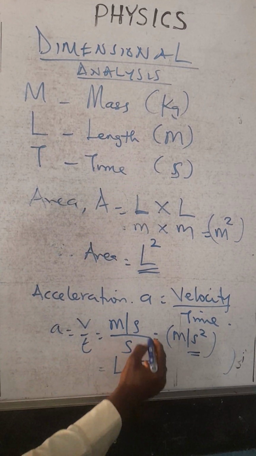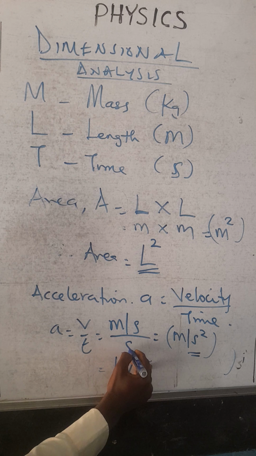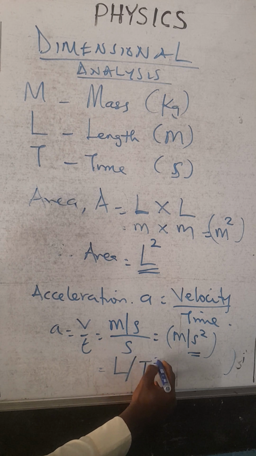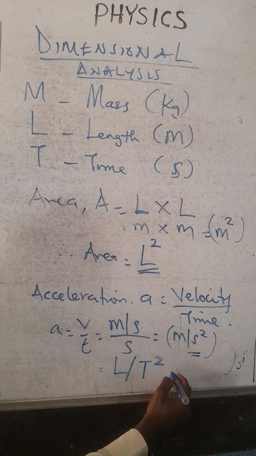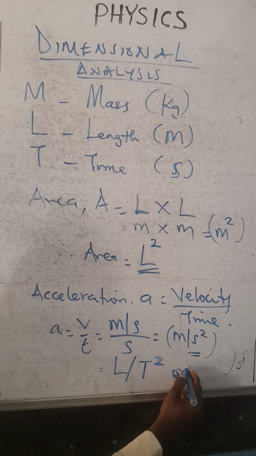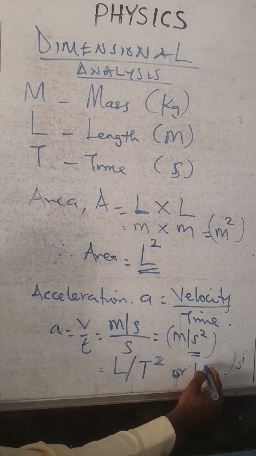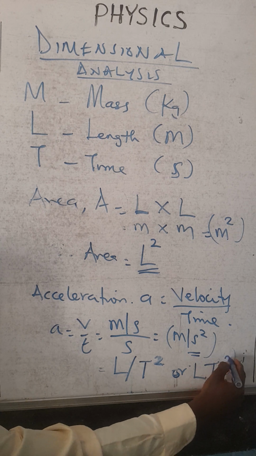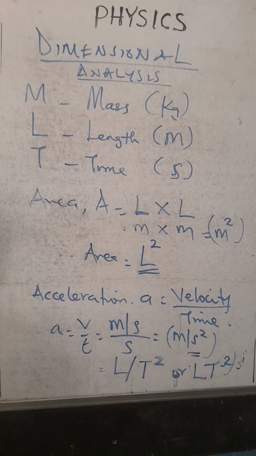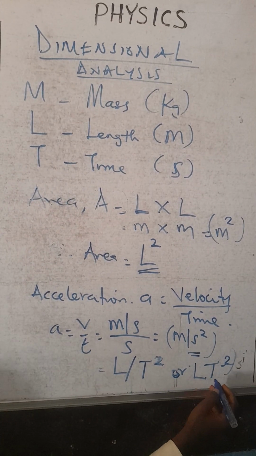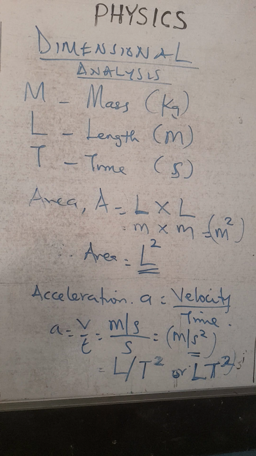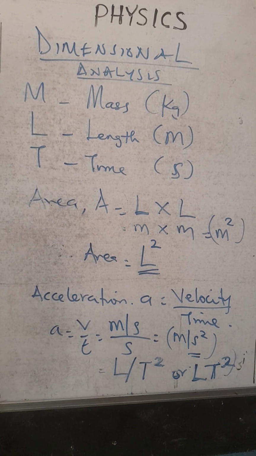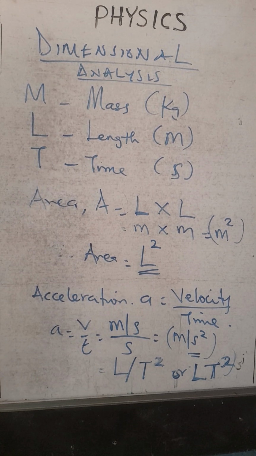Then we have it here, we also have it here, so we have squared. Therefore our dimension becomes L T to the power minus 2. Do we get that? That is the dimensional analysis we are talking about.